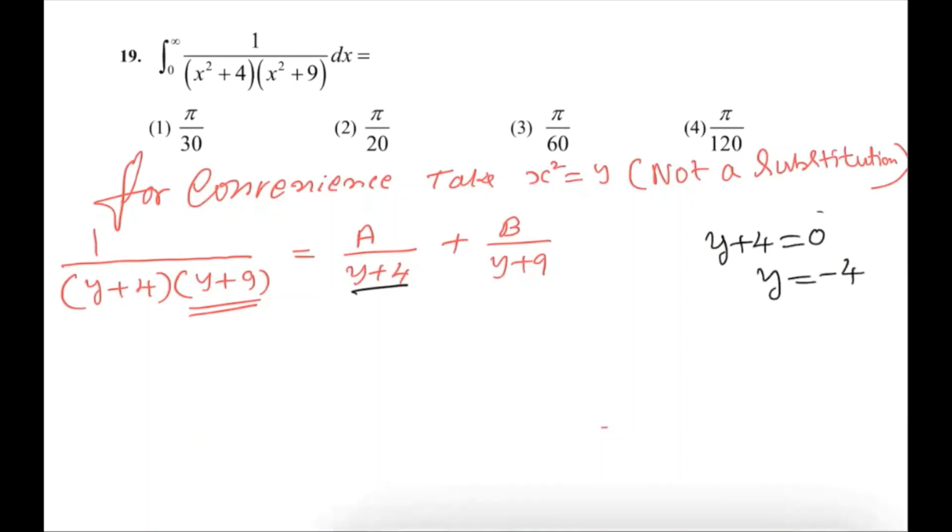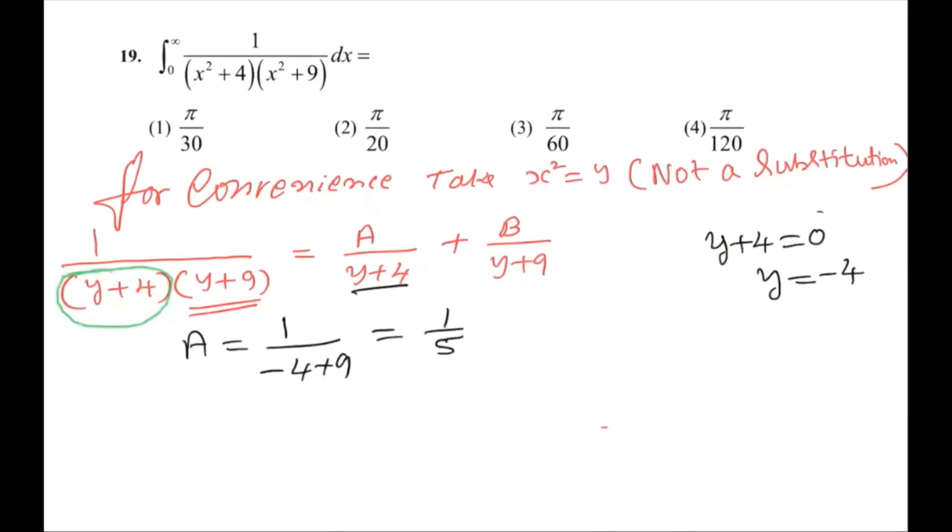Take y equal to minus 4 in the LHS, excluding this factor. So the value of a, you can directly get as 1 upon minus 4 plus 9, that is 1 by 5.